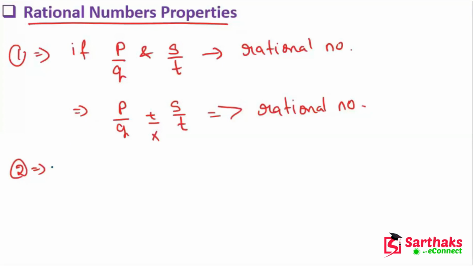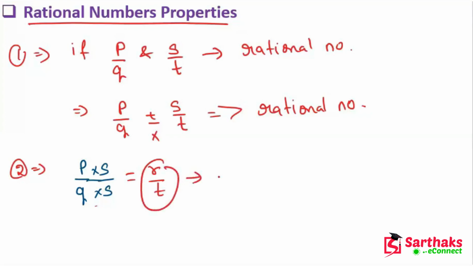Let's suppose we have P upon Q, and we are multiplying both the numerator and denominator by the same factor, which is S. So we get a new number, let's suppose R upon T. This number is always a rational number.